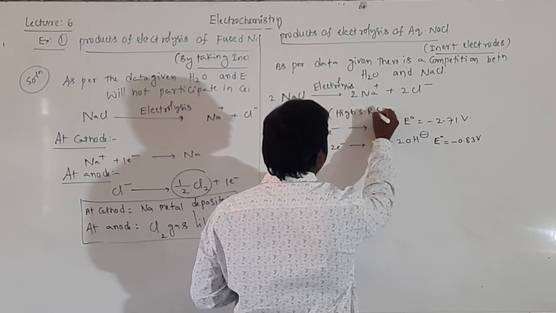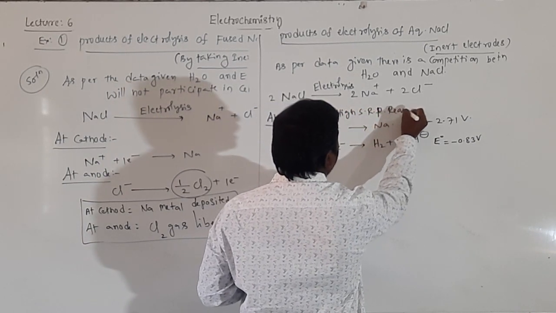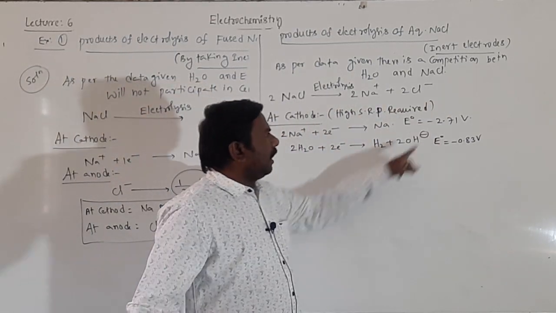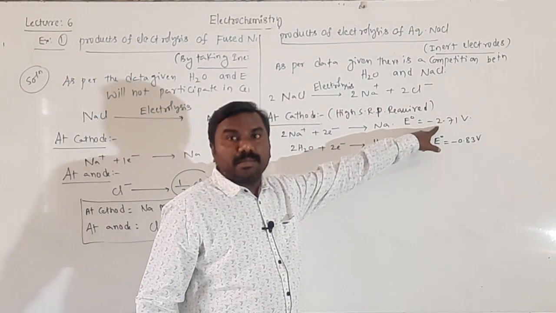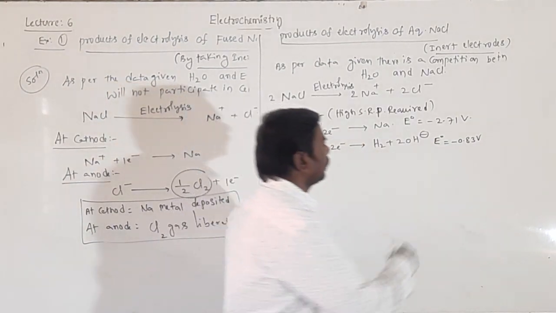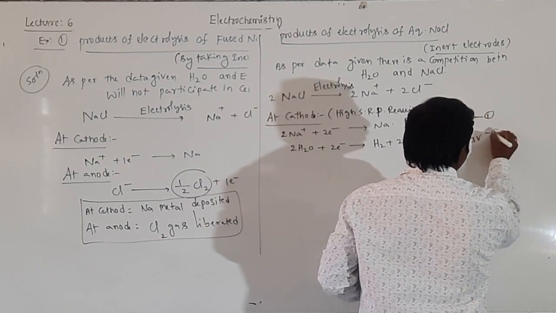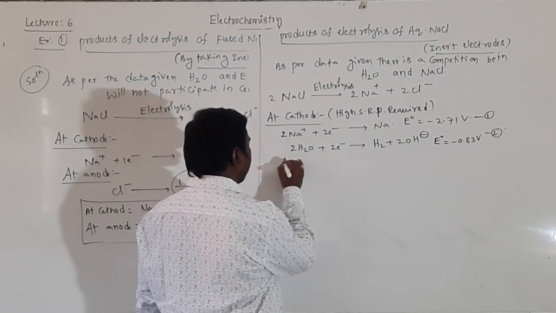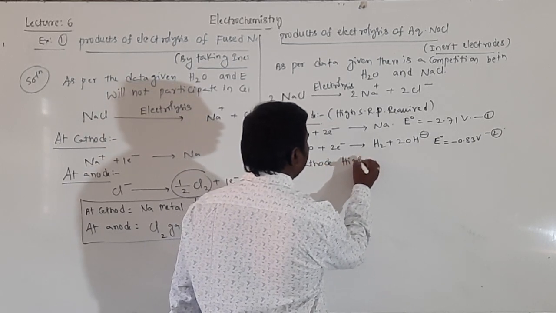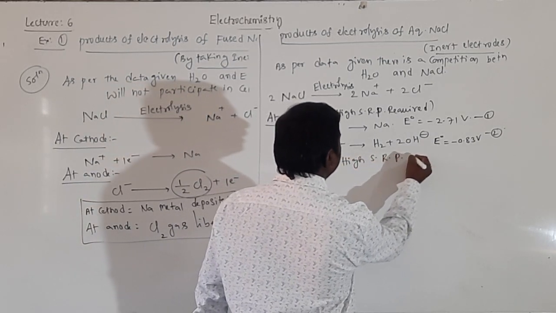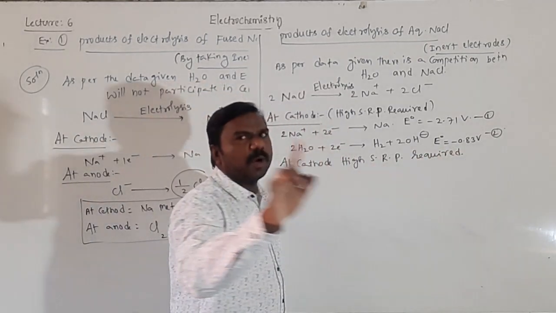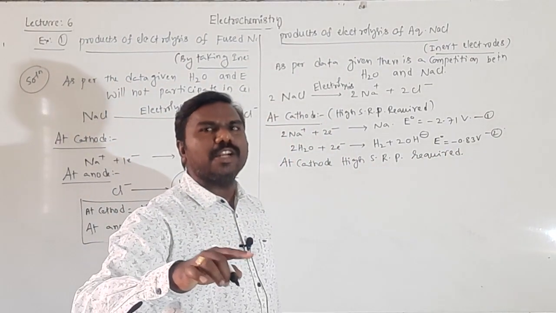Among them, one is minus 2.71. Minus means a very high negative value is low. So at cathode, a high SRP value is required. The higher one is minus 0.83, the lower one is minus 2.71.